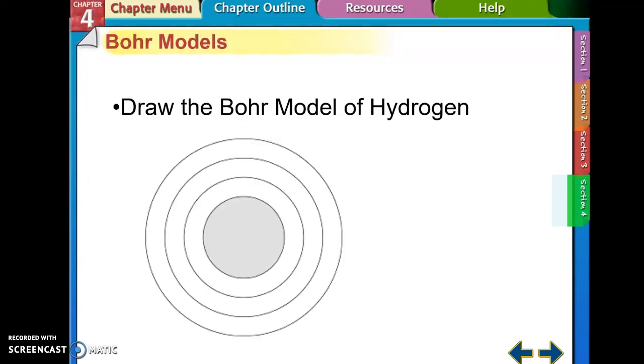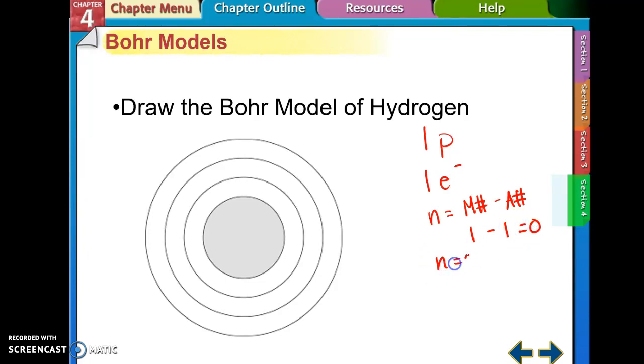So, right here it says draw the Bohr model of hydrogen. I look at the periodic table, and hydrogen has an atomic number of 1, and it has a mass number of 1. What that means is I have 1 proton, 1 electron, and since my number of neutrons is my mass number minus my atomic number, I do 1 minus 1 and get 0.